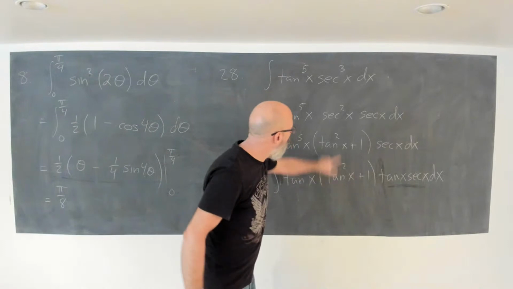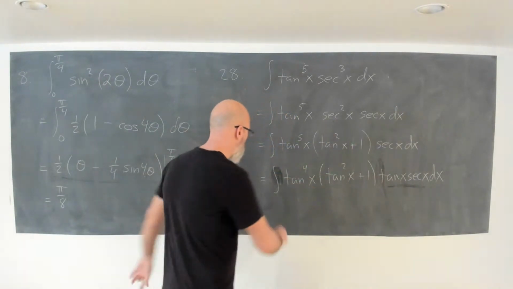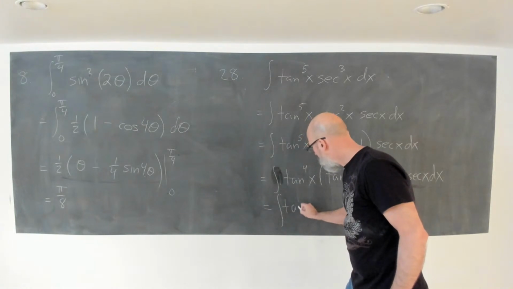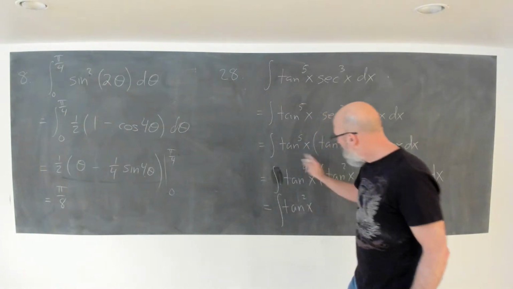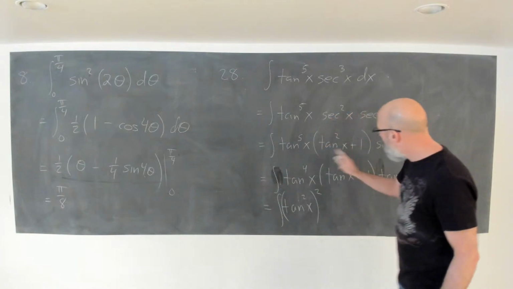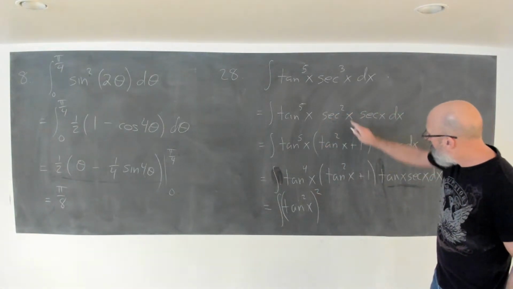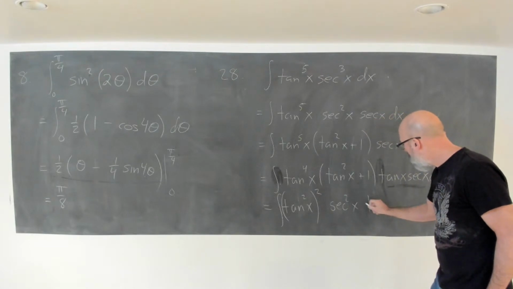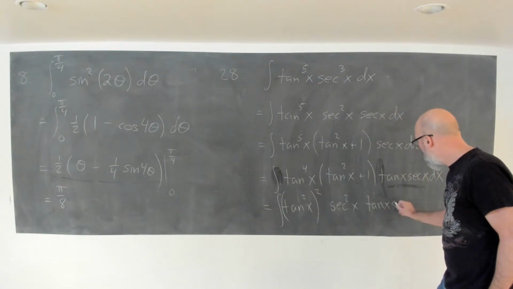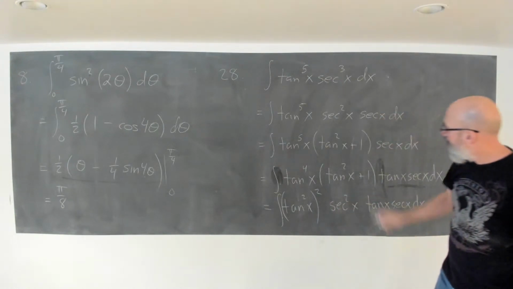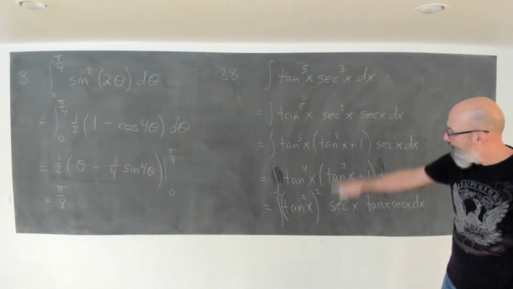Well, this tangent squared plus 1 was actually secant squared to begin with. And this tangent to the 4 can be viewed as tangent squared squared. This tangent squared plus 1 is secant squared. And tangent squared is secant squared minus 1.